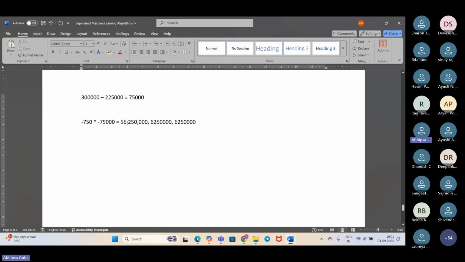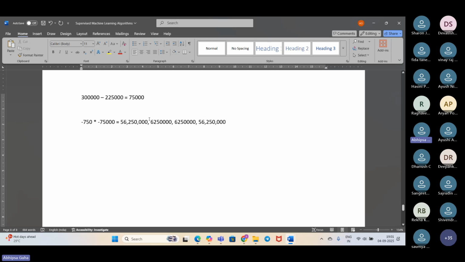Here also 56 lakhs, 25,000. Understood what we are getting?